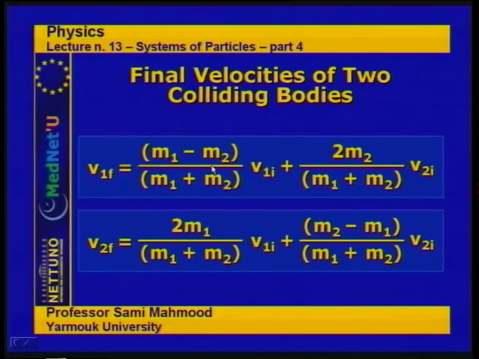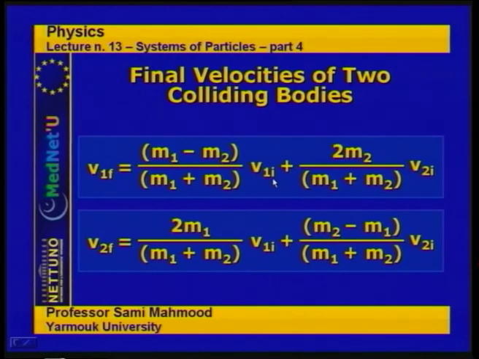And in the first term, m2 is much larger than m1, so we can drop m1 relative to m2. So we have minus m2 over the line, and plus m2 under the line. Minus m2 over plus m2 is equal to minus 1. Thus, we obtain v1 final is equal to minus v1 initial, as expected.